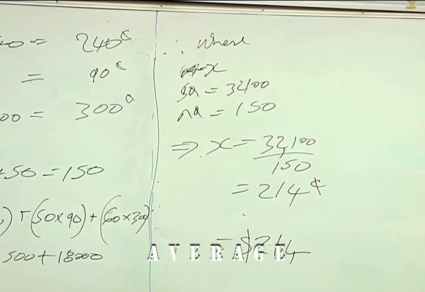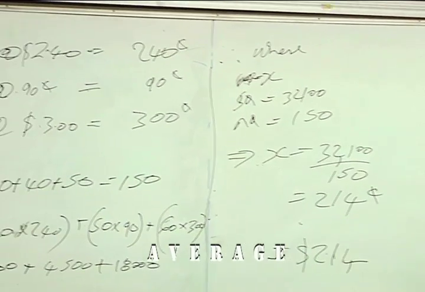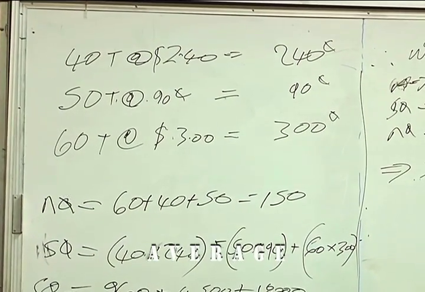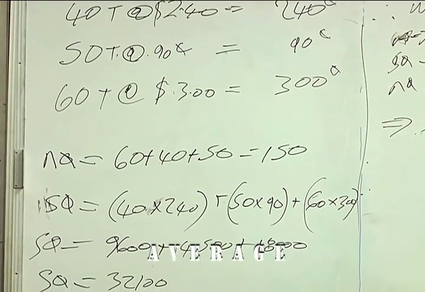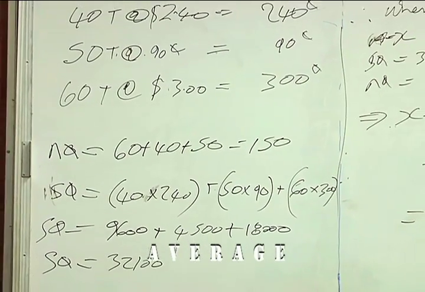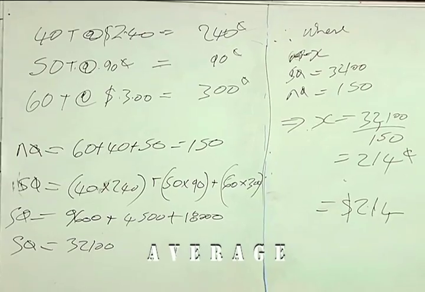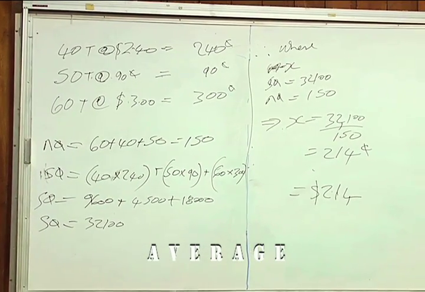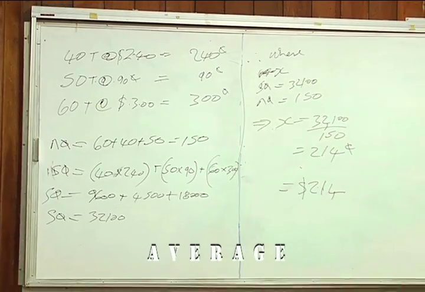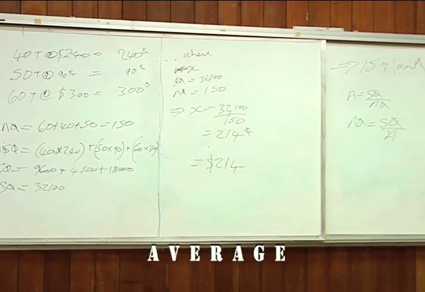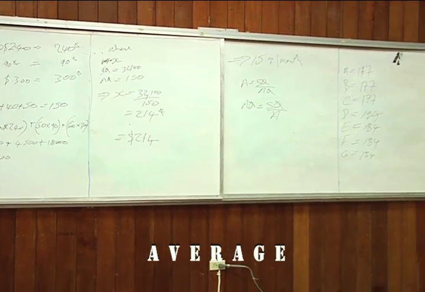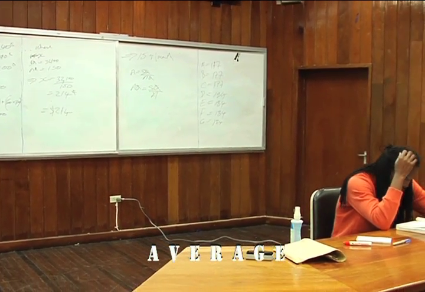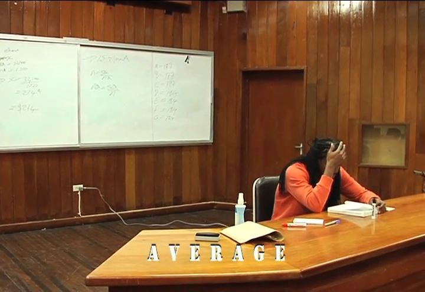Now, example 2: a car travels a total distance of 200 kilometers in 4 hours. What is the average speed?